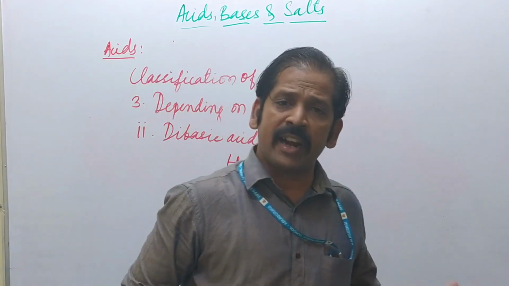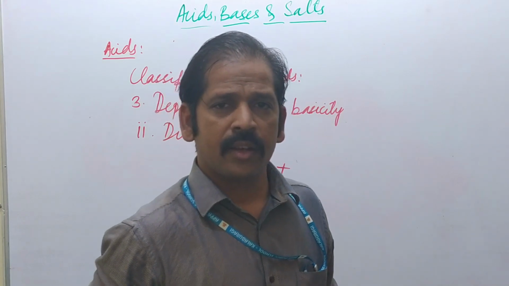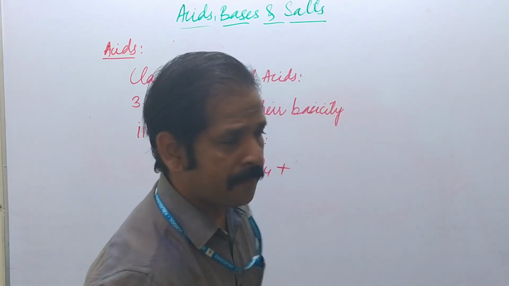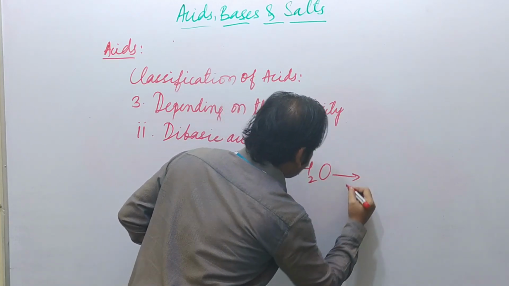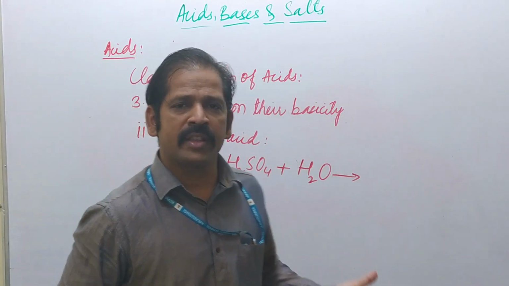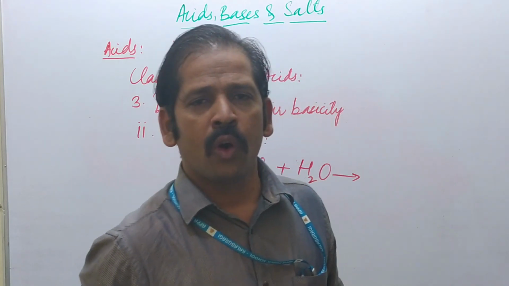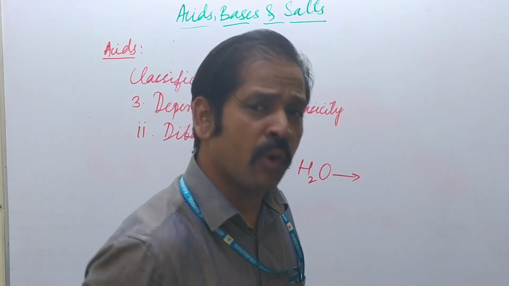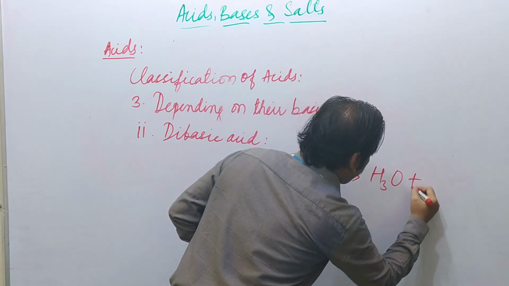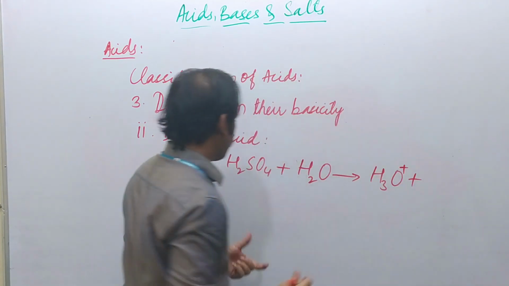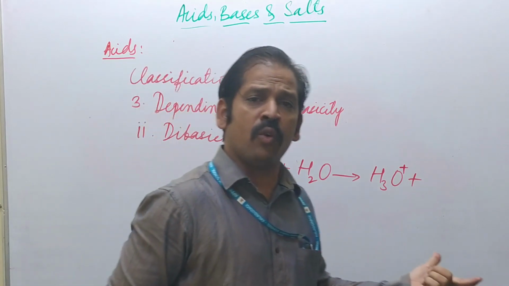Sulfuric acid is reacting with the water to form H3O. H2SO4 is reacting with the H2O to form H3O. Now we have got H3O.